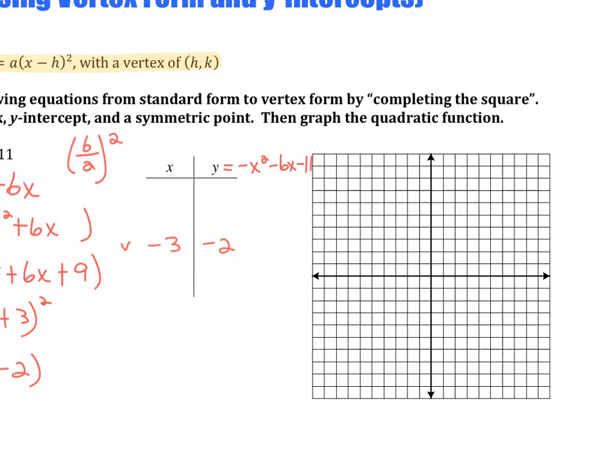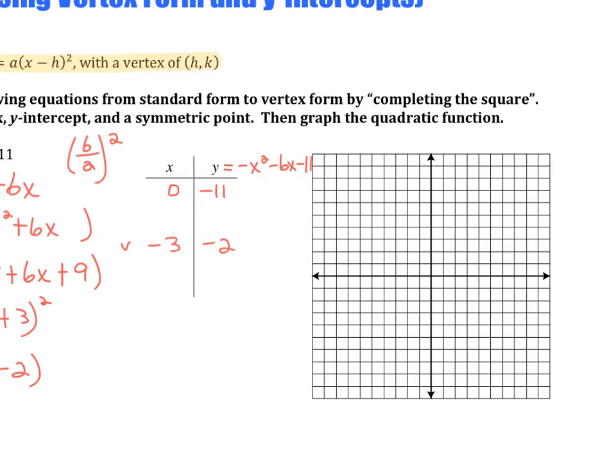Now we were asked to find the y-intercept. So the y-intercept, if I plug in 0 for x, I'm going to get -11 for my y value. And then I should be able to find a symmetry point with respect to the y-intercept.